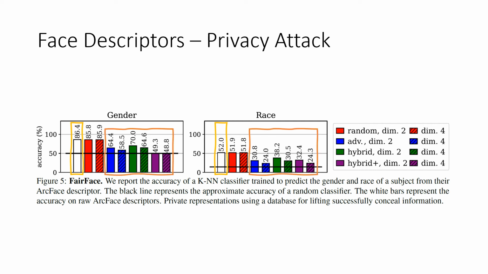All private representations using a database for lifting successfully conceal information. We also implemented a variant of our hybrid lifting, where each feature is lifted by sampling database entries with a different gender or of a different race to obtain a balanced subspace. This method achieves random level performance for gender, which essentially completely hides that information.